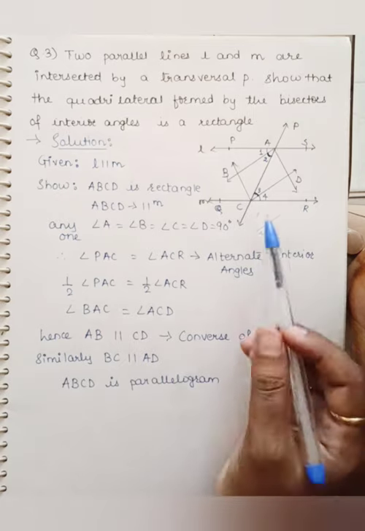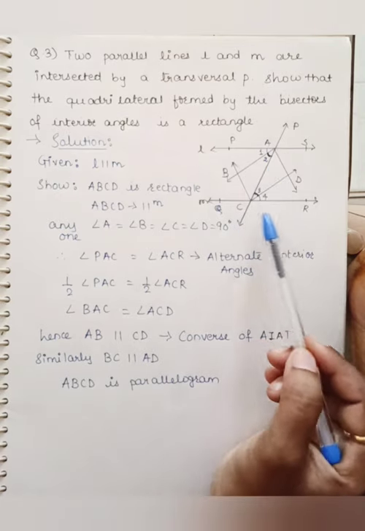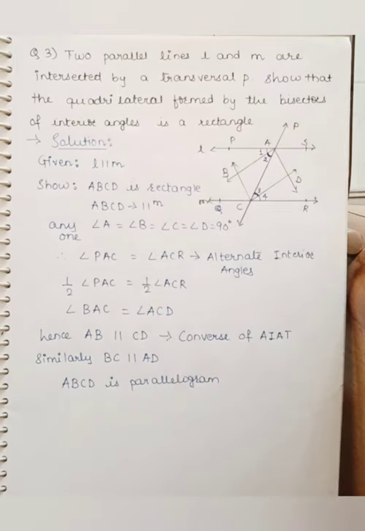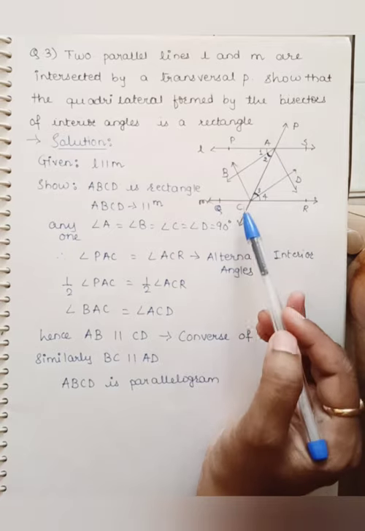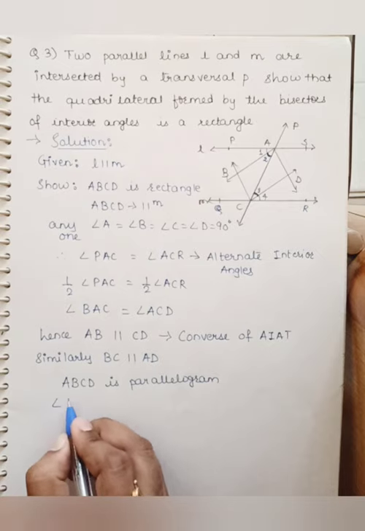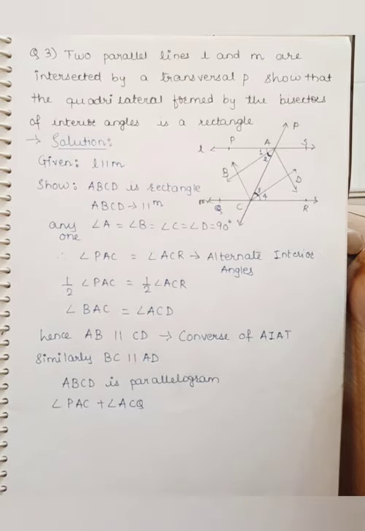Okay, so now let us come back to our figure. Now, if L is parallel to M, are the co-interior angles supplementary? Meaning, is PAC plus ACQ equal to 180? Yes, angle PAC plus angle ACQ.